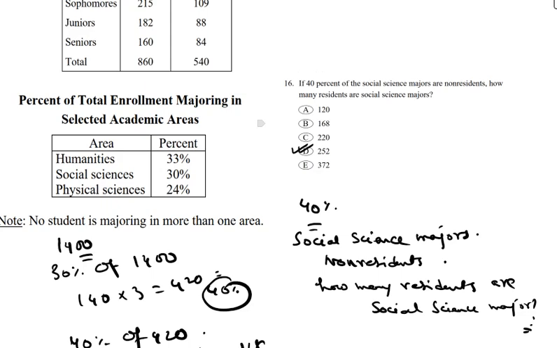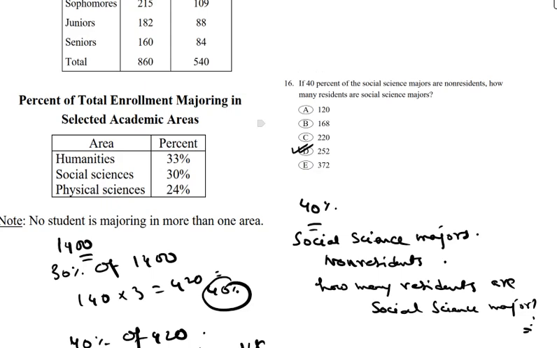Now let's understand the deeper structure of this question, because GRE loves this pattern. Okay, so this is a percentage of a percentage structure. First percentage, 30% of total enrollment are social science majors. Second percentage, 40% of those are non-residents.